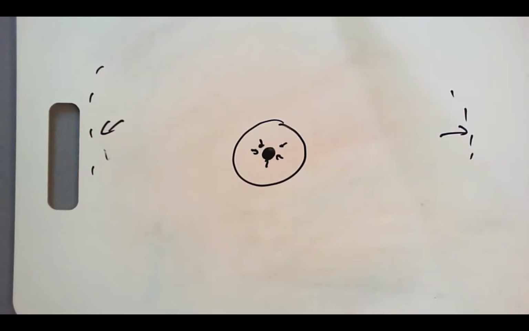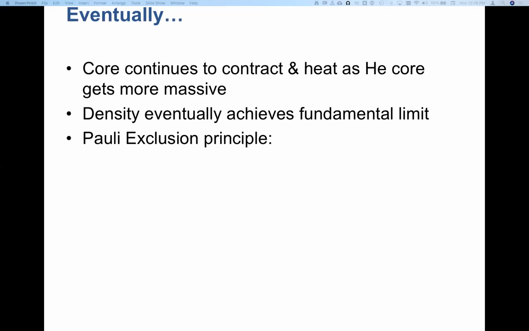So let's go back to my slideshow. What happens eventually? The core continues to contract and heat. As the helium core gets more and more massive, the density eventually reaches a fundamental limit. There's a principle in physics called the Pauli exclusion principle. And the Pauli exclusion principle says that particles of a certain type, namely fermions, cannot get any closer than a certain amount.